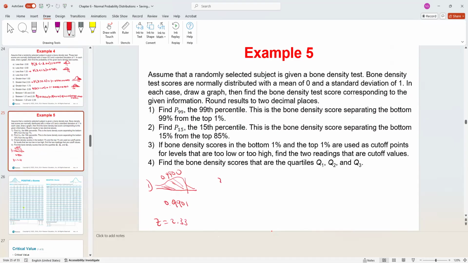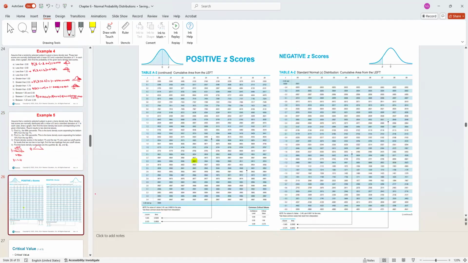Hold on. So if you go with number 2, 15%, 15% is a very small number. So let's go for 0.15. 15% means it's under 50%, so we should go to the other side, the left side. Let's go for 0.15. Oh, we are right there.